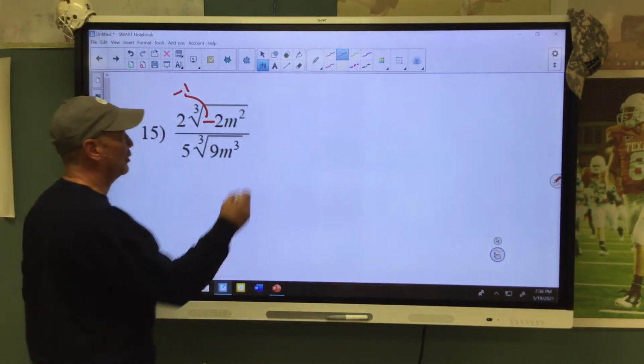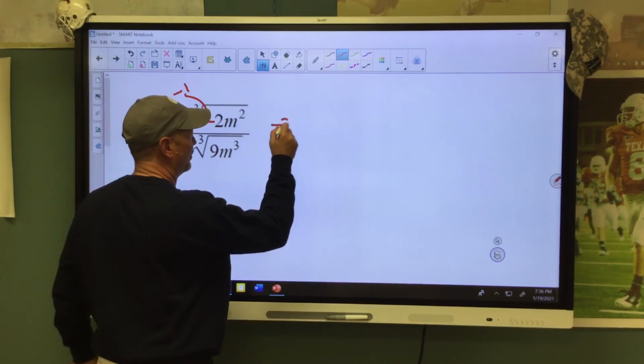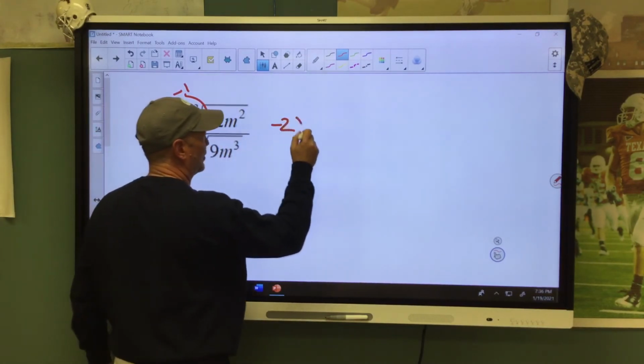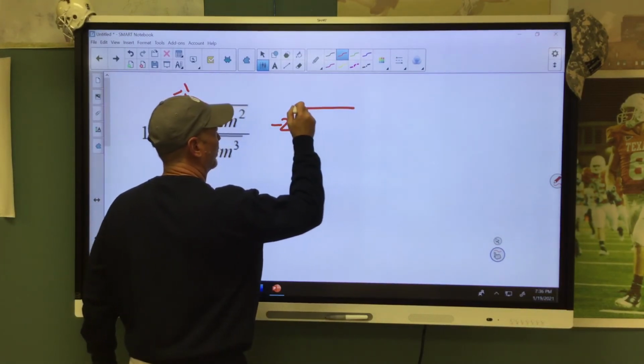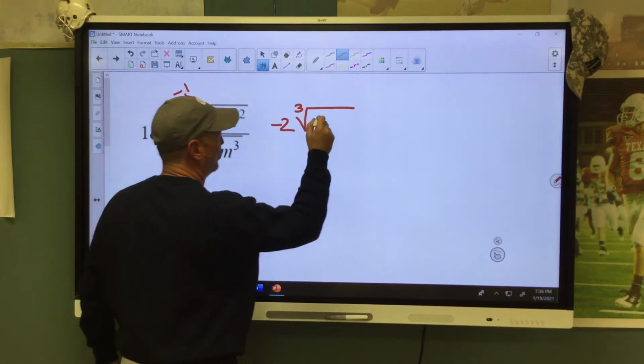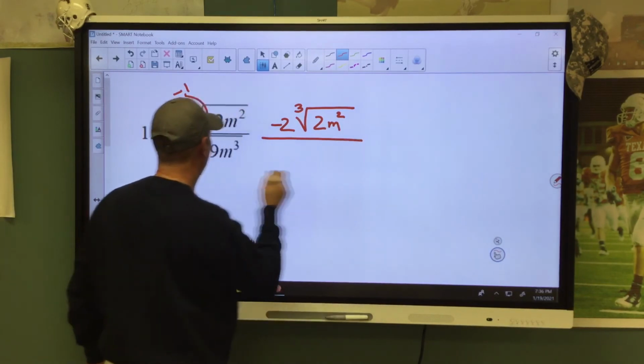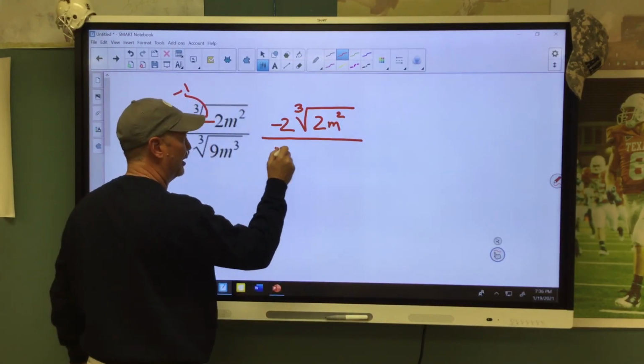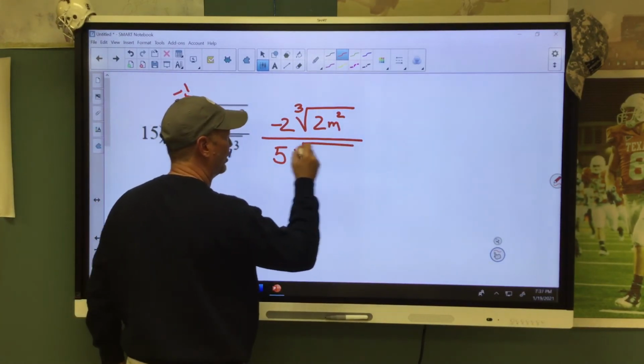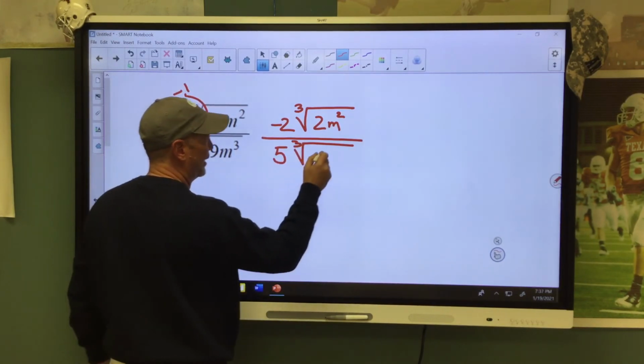And this would turn into -2 times the cube root of 2m squared over 5 times the cube root of 9m to the third.